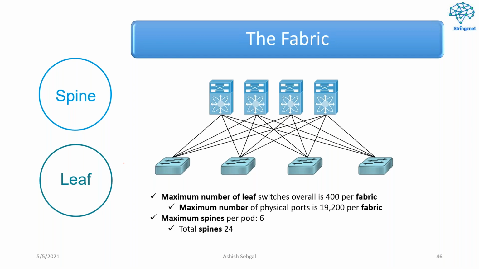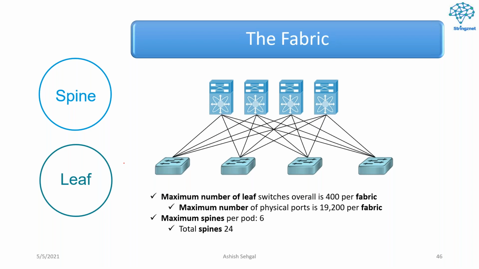But when we talk about ACI fabric, let us talk about the maximum number of leaf switches, spine switches, and the hosts. Guys, based on the version, the current version running is 4.5.4 if I'm not wrong. This is the version of the controller.